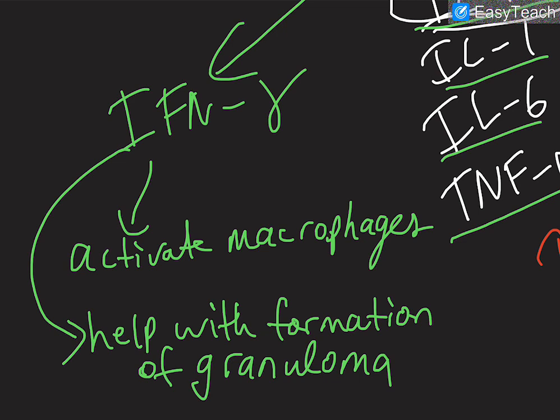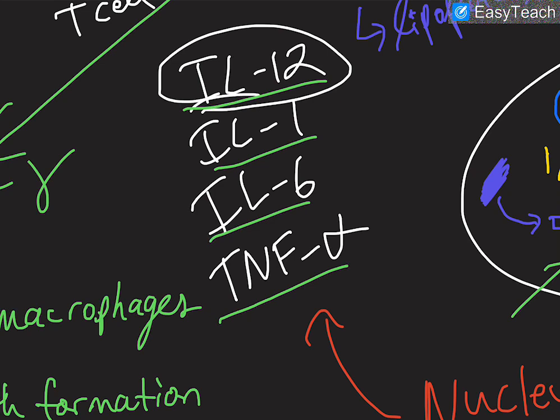Interferon gamma then also helps epithelioid histiocyte formation and giant cell formation, which is basically the nuclei of many macrophages coming together. And all these cytokines will attract more T cells, which will be part of the granuloma formation.